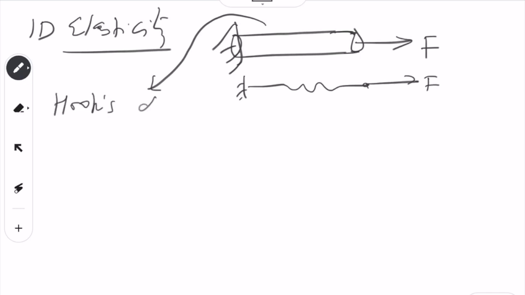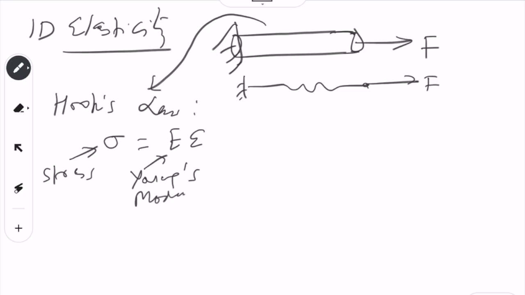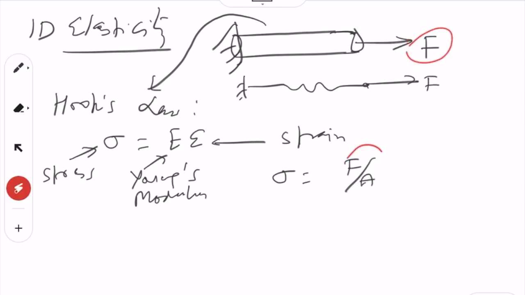Hooke's law says sigma equal to E times epsilon, where we know that sigma is the stress, E is Young's modulus, and epsilon is the strain. Also we know that sigma equal to F over A, right? So this is F over A.